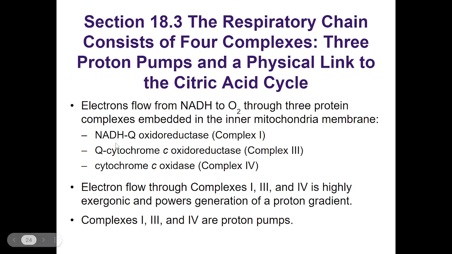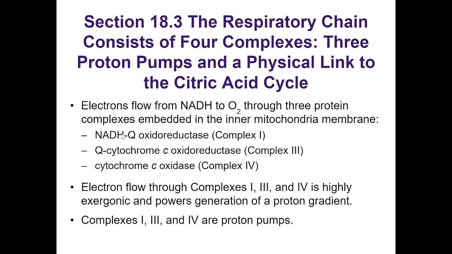So the NADH-Q oxidoreductase, this is the actual name of the enzyme that is complex 1. That's the enzyme portion that does the enzymatic work, what enzymes do, the catalysis.